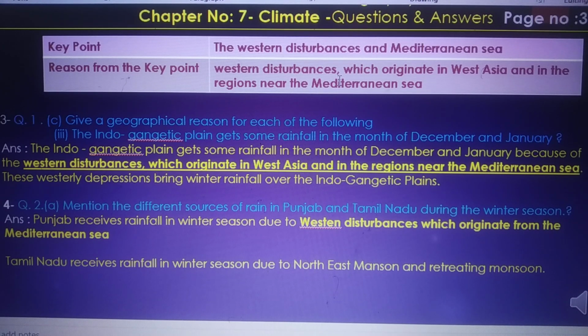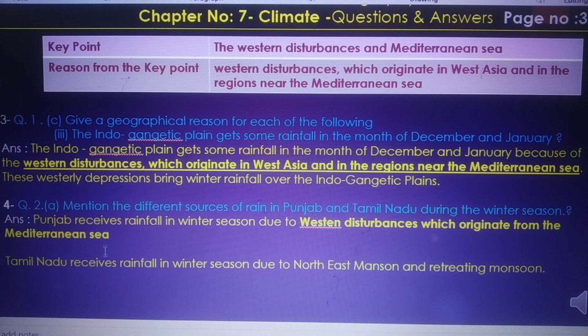Western disturbances originate in West Asia and in the regions near the Mediterranean Sea. The Indo-Gangetic plain gets some rainfall in December and January because of the western disturbance which originates in West Asia and in the regions near the Mediterranean Sea.